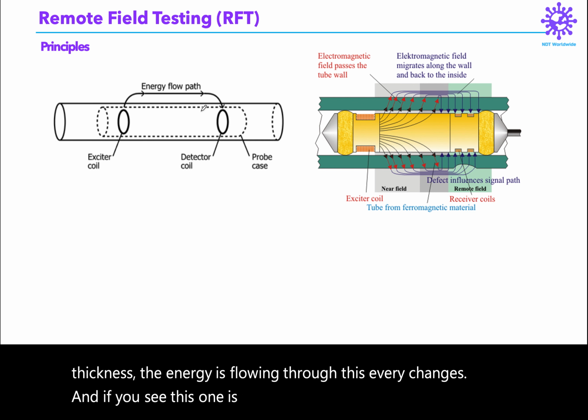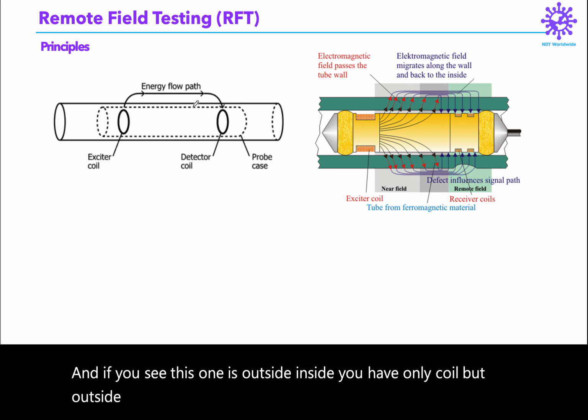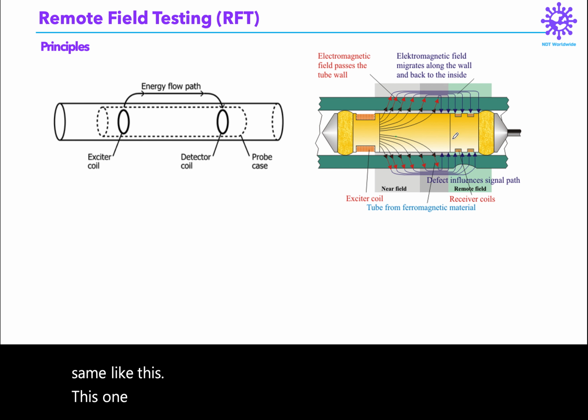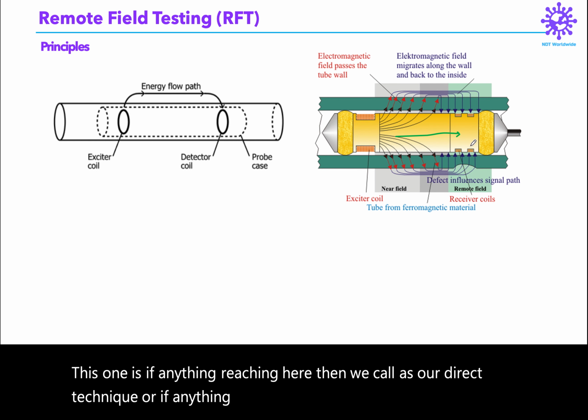Inside you have only the coil, but outside you can see a plastic case. That is the probe, same like this. If anything reaches here, we call it a direct technique, but if anything reaches beyond this, we call it an indirect technique.